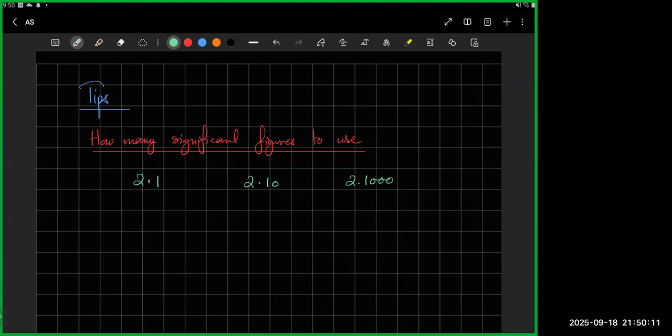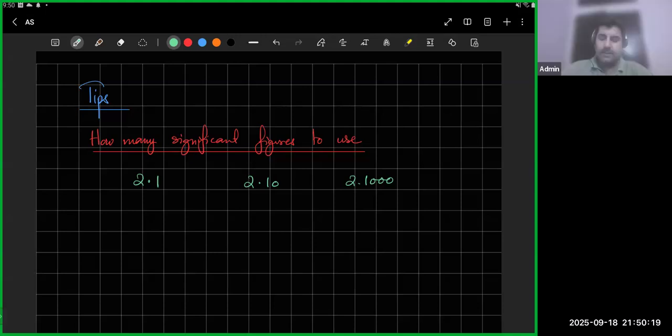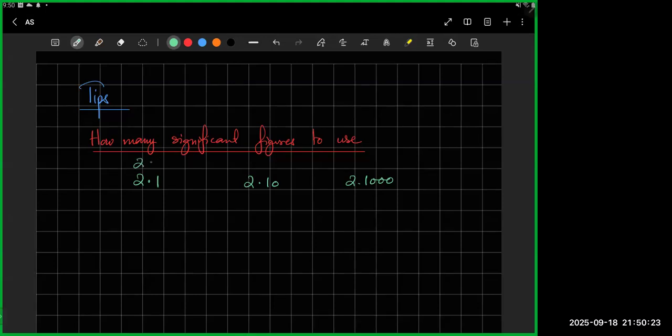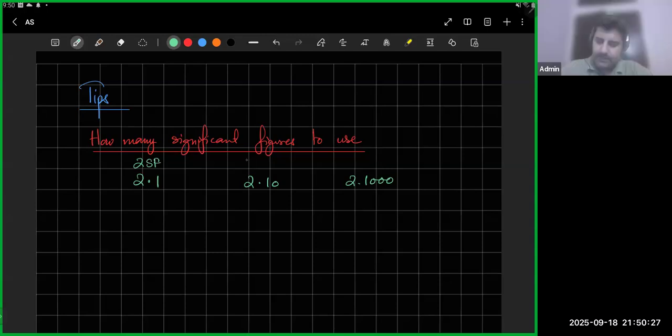There are zeros at the end, but aren't they all consisting of two significant figures? No, they're not. The first one is two significant figures. Right. Okay. The second one is actually three significant figures. And the third value is actually 1, 2, 3, 4, 5 significant figures.